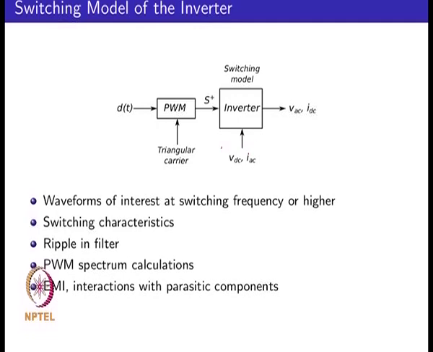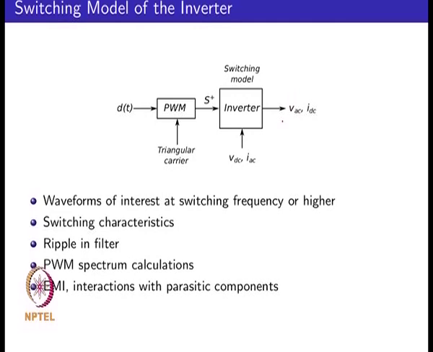So the inputs to this particular inverter model are your DC voltage and your AC current, or your V in and your I out. We have labeled IAC as I out in some of our diagrams. The output of the switching model is the quantities that are varying quite rapidly, which is your output AC voltage, which is VON.